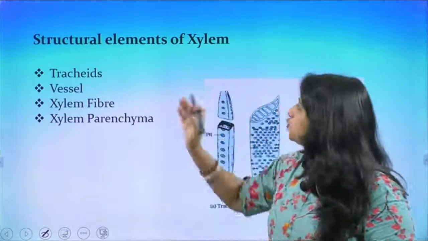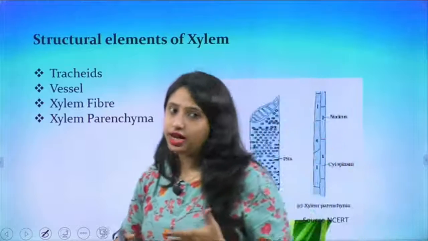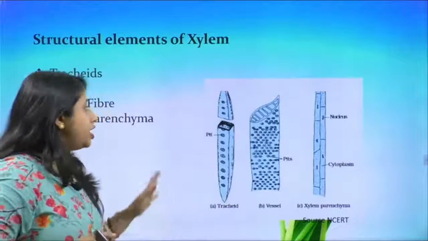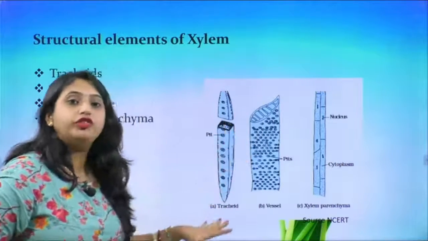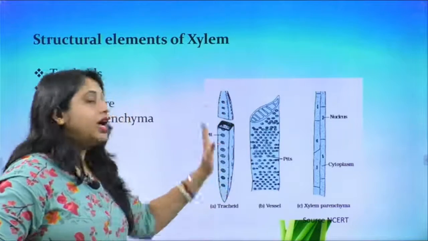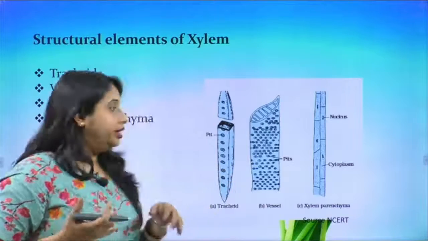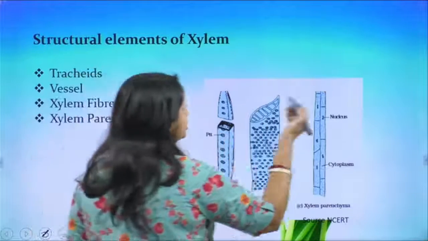Next, the structural elements of the xylem. As I have said, there are 4 elements, and you can see the picture of the various structural elements. So this is a tracheid. See how it is thin, it is not that narrow.